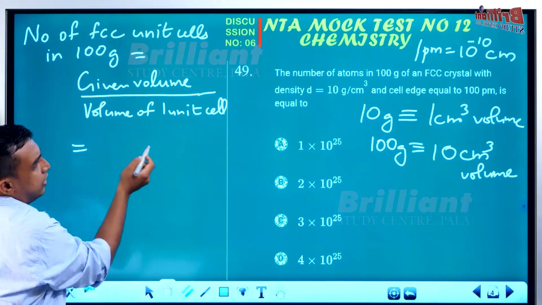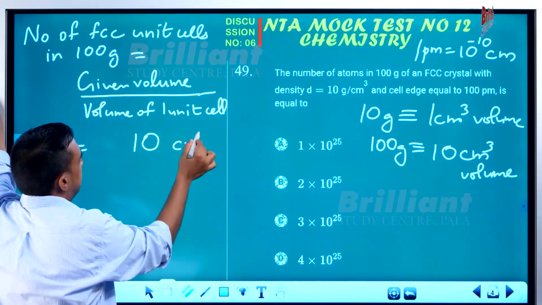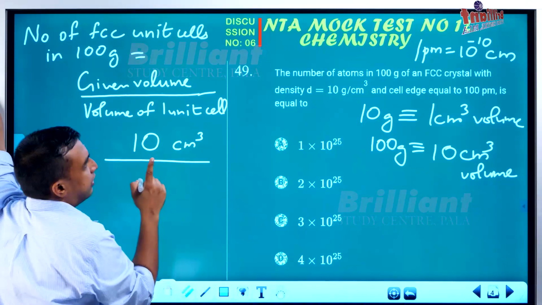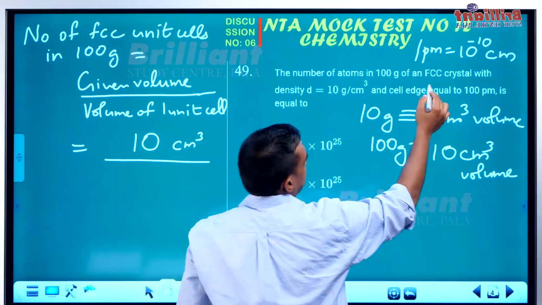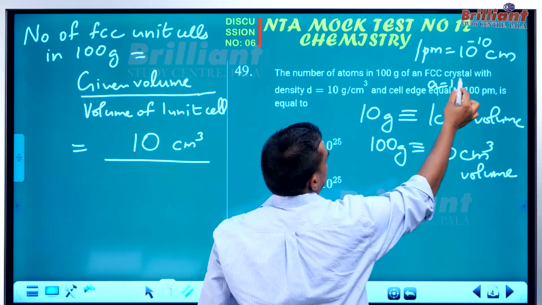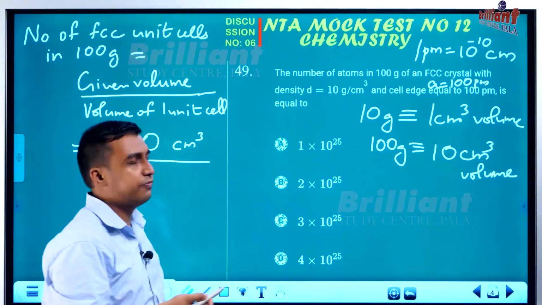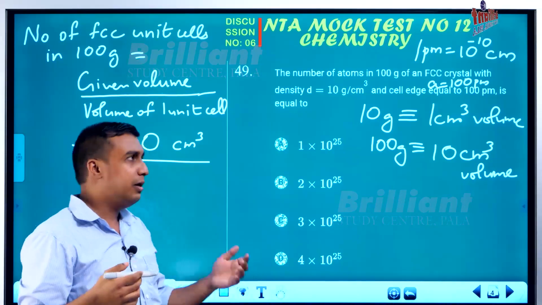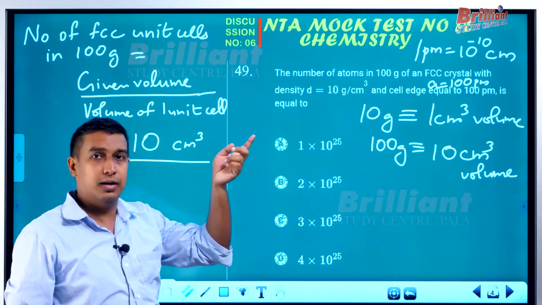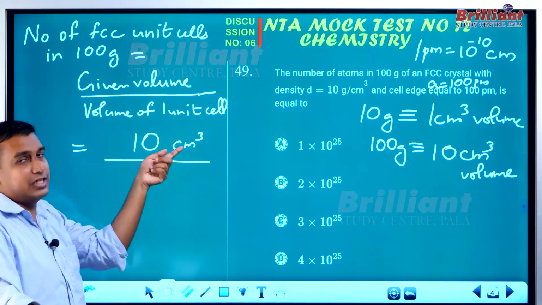So given volume is 10 centimeter cube divided by volume of one unit cell. What is the cell edge? They have given a is equal to 100 picometer. So the volume of the unit cell will come correspondingly as a cube. But I have to express it in centimeter because I have taken the numerator in centimeter.